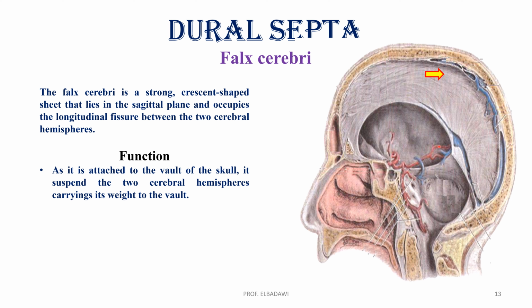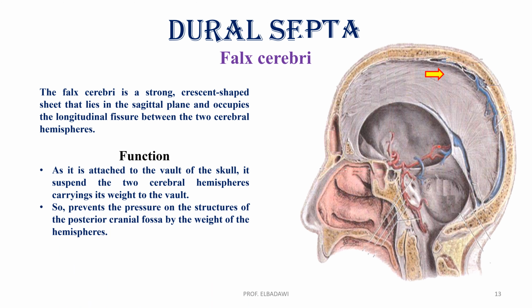The 2 cerebral hemispheres are resting on the 2 sides of the tentorium cerebelli, and that cerebral hemisphere by itself is hanging to the undersurface of the vault of the skull. So it prevents pressure on the structures of the posterior cranial fossa, mainly the medulla oblongata and the cerebellum, mainly the tonsils of the cerebellum on each side of the medulla.